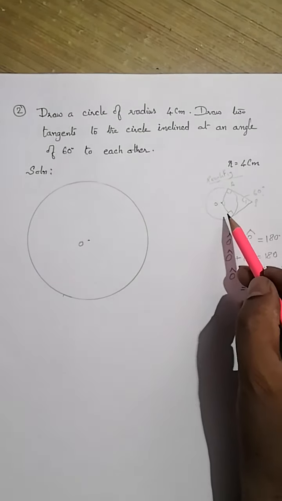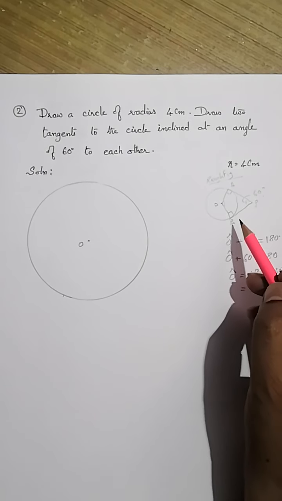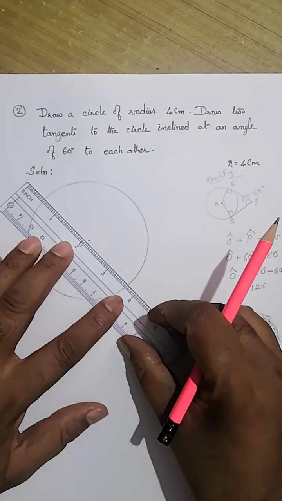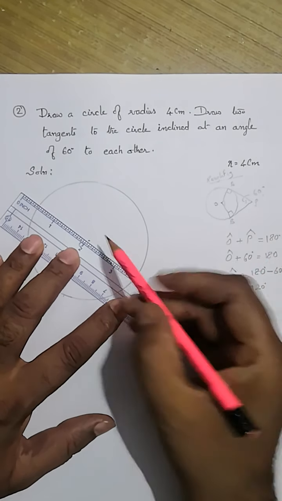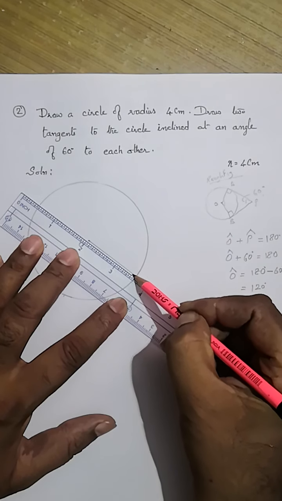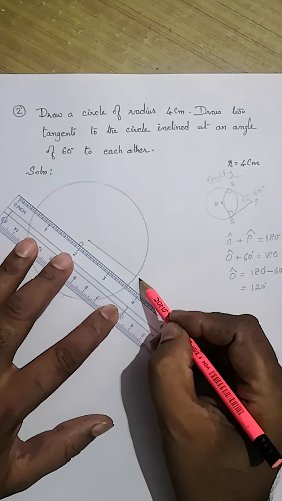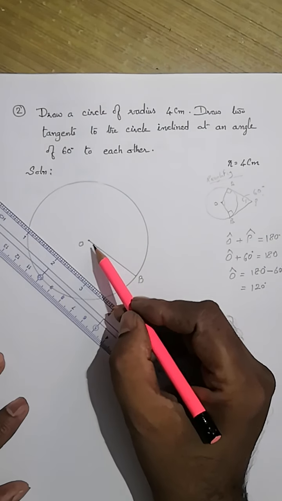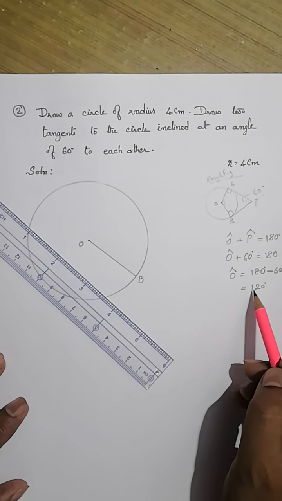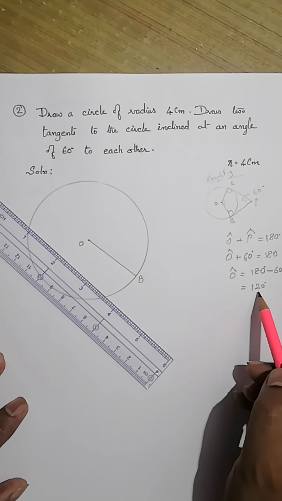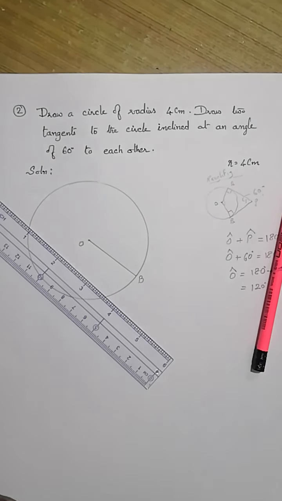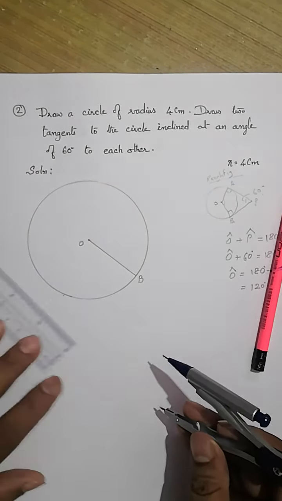Now first of all, here we shall take a radius. Let us take OB as one of the radius, and here at the point O we have to get an angle of 120. To get this angle, we can take the help of compass.